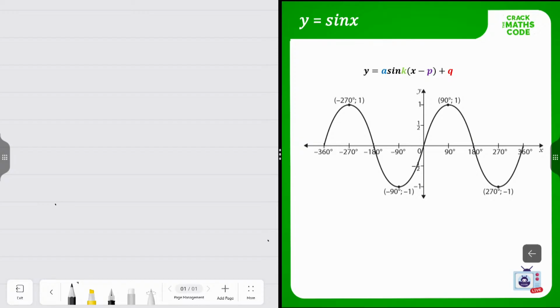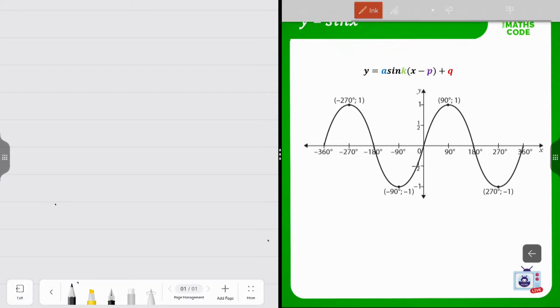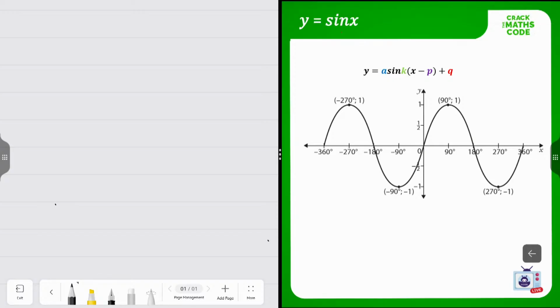1. Sine of any angle, which in this case we are saying sine x, is what we are going to deal with. So if you check sine x, it's literally going to be drawn like this with its period starting from negative 360 to 360. But what we have to learn about today is actually the concept of the parameters that we have.